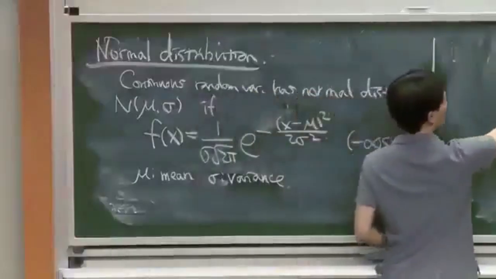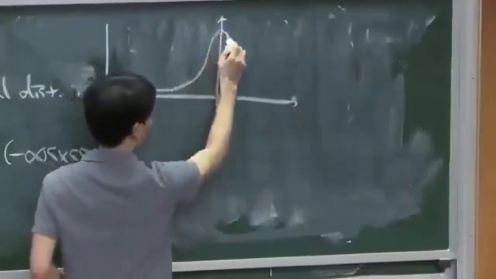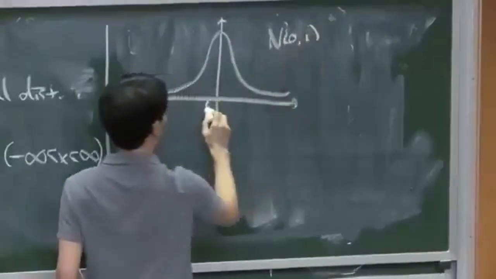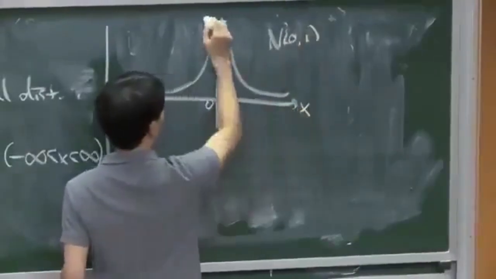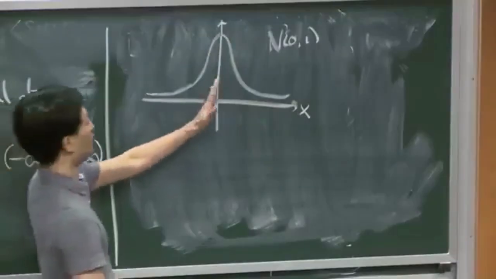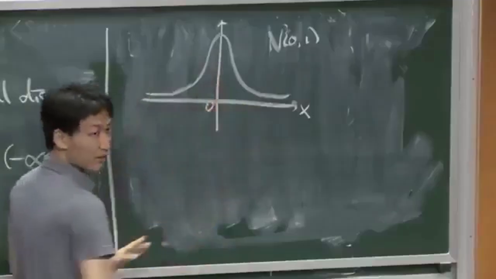So this distribution, how does it look like? I'm sure you saw this bell curve before. It looks like this if it's N(0,1). It's centered around the origin, and it's symmetric around the origin.